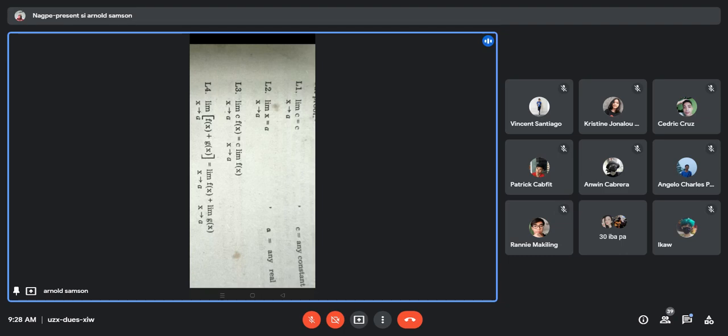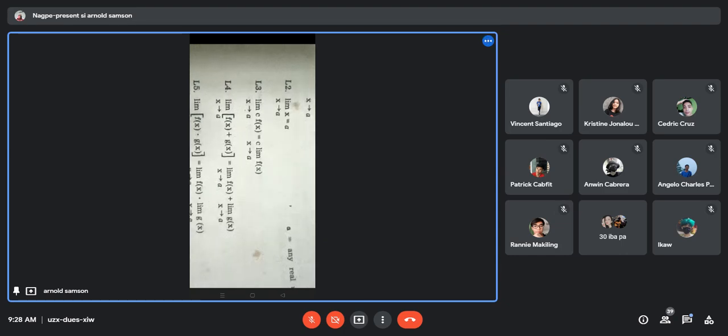And then, the limit of a constant multiply a function. So ang gagawin mo lang, yung constant multiply the limit of a function of x. So, babalik ka ulit sa mga rules, kung ano man yung value ng x, substitute lang natin. Okay? And then, evaluate kung ano yung resulta nun, multiply lang natin sa c. Okay? So, yun yung sinasabi natin product.